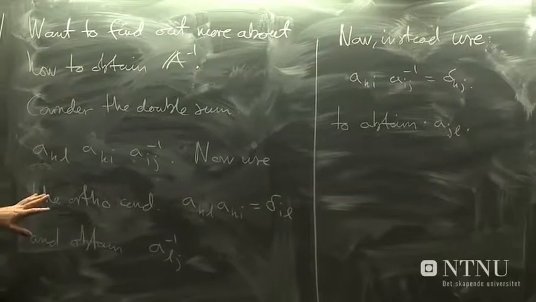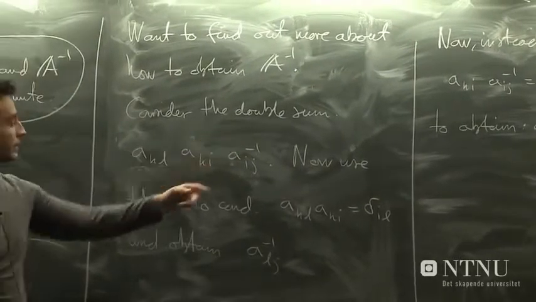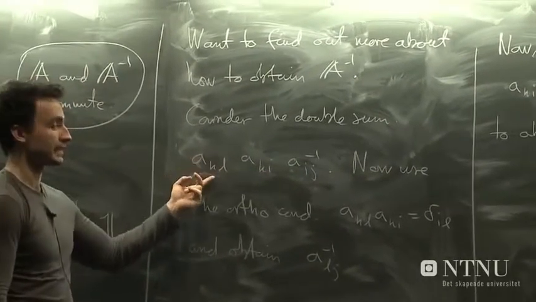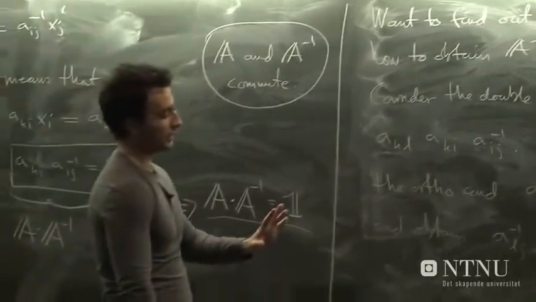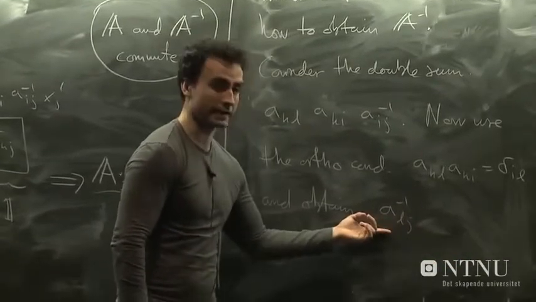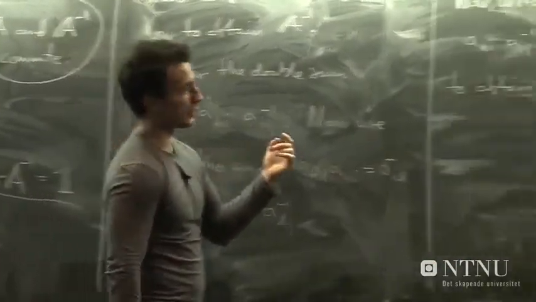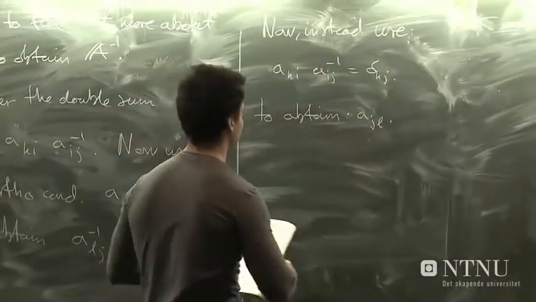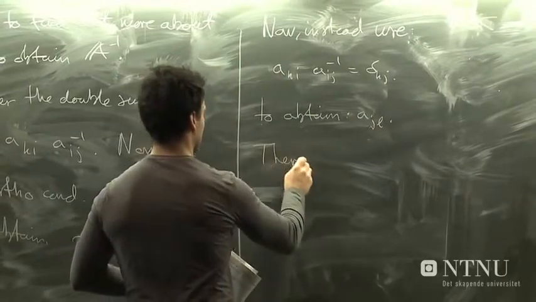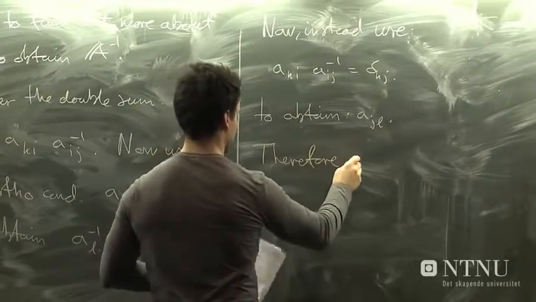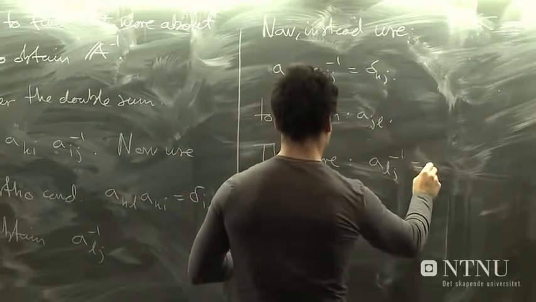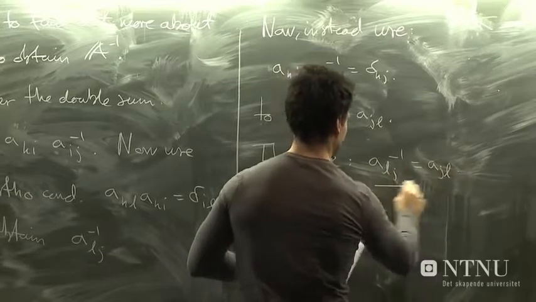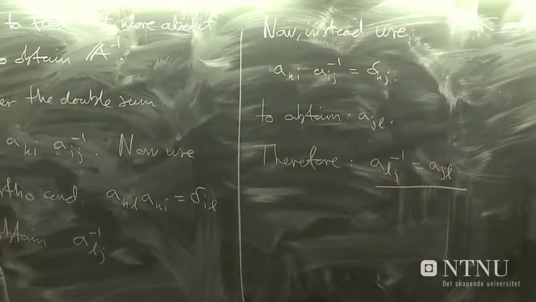Because we'll only have contribution from when k equals j of this term, so it's Ajl. And now we're in a pretty good position because we have one expression here for the double sum, and we have another one here. So we have this relation here.